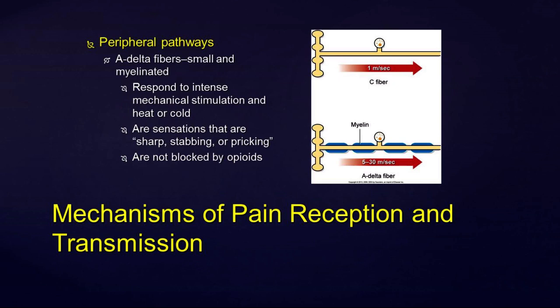So chronic pain often starts as acute pain. It continues beyond the initial stimulus. It's usually greater than 3 to 6 months, and it continues beyond tissue damage or threat of tissue damage. And a lot of times it can be associated with physical, psychological, or social dysfunction. There might be some sort of secondary gain associated with being in pain.